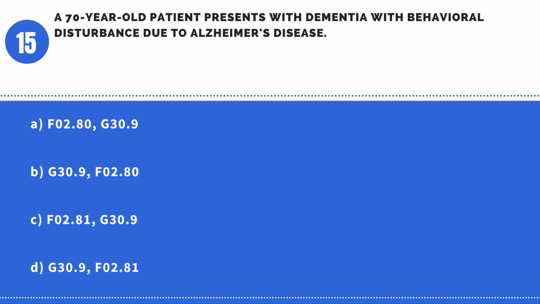Question 15. A 70-year-old patient presents with dementia with behavioral disturbance due to Alzheimer's disease. A. F02.80, G30.9. B. G30.9, F02.80. C. F02.81, G30.9. D. G30.9, F02.81.